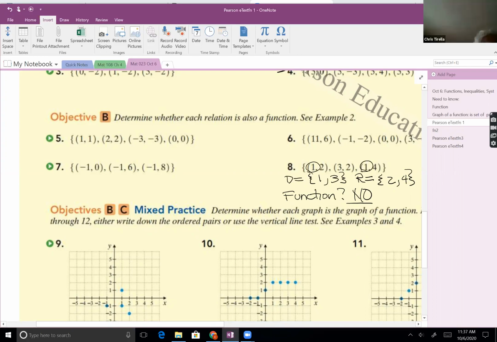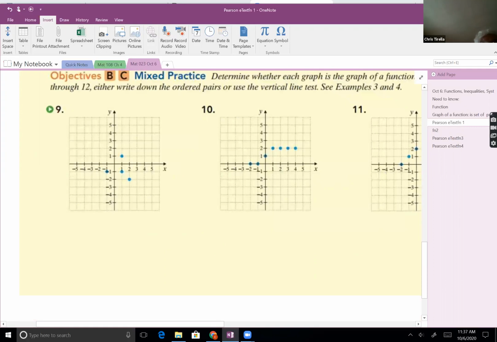Now, let's look at number 9 first. Looking at number 9, I've got here the graph of a relation. The domain is a set of x values. And so as I look at those points, what would you tell me the domain is? What is the x value for each of those 4 points?